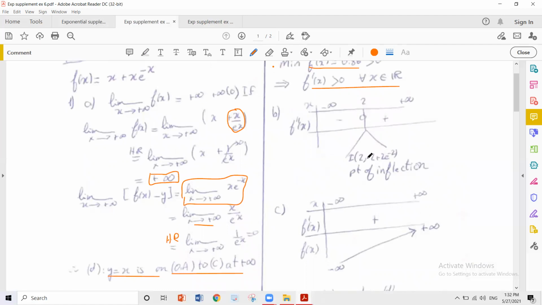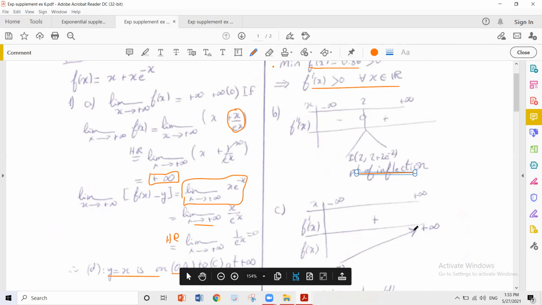I of coordinates (2, 2 + 2e^(-2)) is a point of inflection. Now to study the variations of f: f prime is positive, so f is increasing from minus infinity to plus infinity.